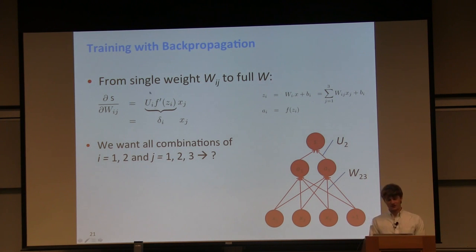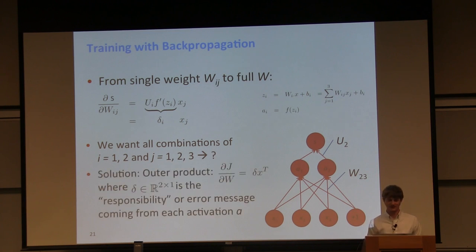What could we do if we wanted the combination of i equals 1 to 2, the two hidden neurons, and j equals 1, 2, and 3 for our three inputs? If we have delta i for i equals 1 and 2 as a single vector, how could we get the combination of all the partials? Outer product, that's exactly right.